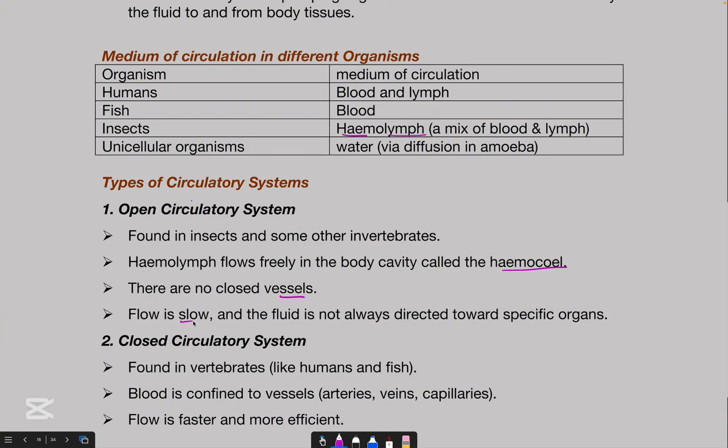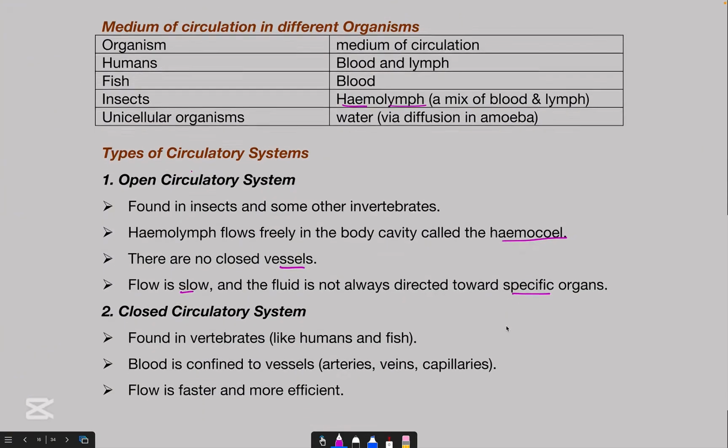Now, the flow is slow and the fluid is not always directed towards specific organs. Is that okay? That is for the open circulatory system. It's mostly found in insects and some invertebrates. The reason why they call them open is because the vessels that carry this hemolymph, the circulatory medium, are not enclosed, they are open.